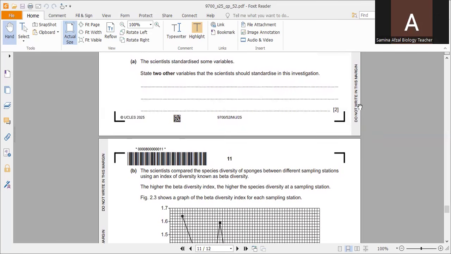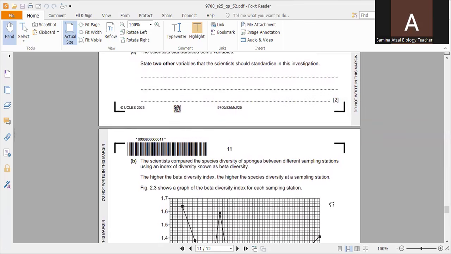So to accurately compare diversity across 12 different stations or locations from A to L, there must be some environmental factors or variables which should be kept constant.